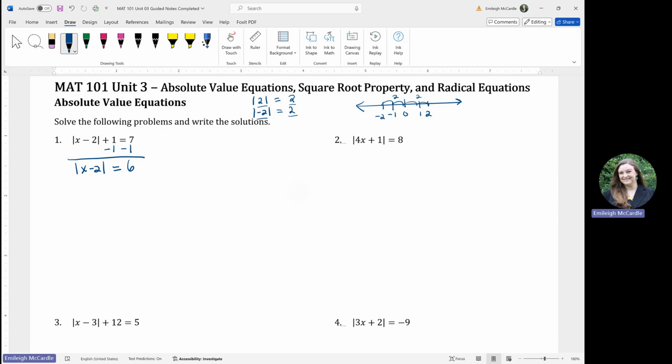Now, how do we take this into account where there's really two different numbers that can happen inside and generate the same answer? The easy way to do this is to consider that the number on the right-hand side can be plus or minus. So our next step is going to look like the inside of the absolute value with the absolute value bars taken off.